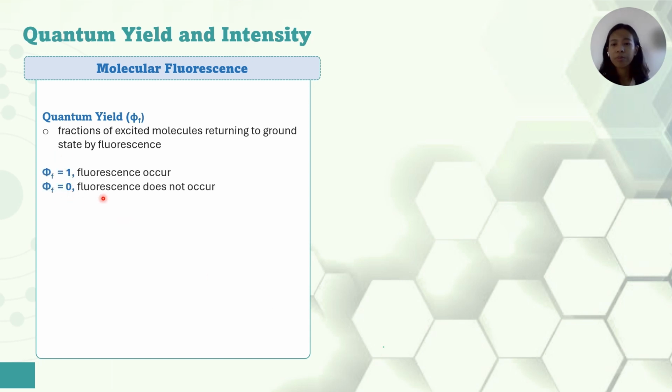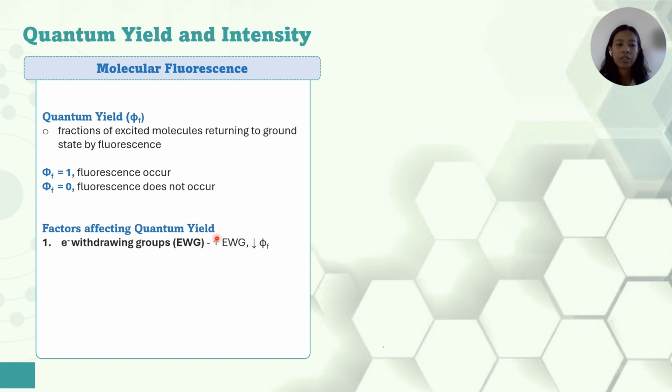And there are different factors that affect quantum yield, such as the electron withdrawing group. An increase in EWG decreases the quantum yield. Electron donating groups are directly proportional to the quantum yield. The next one is temperature.